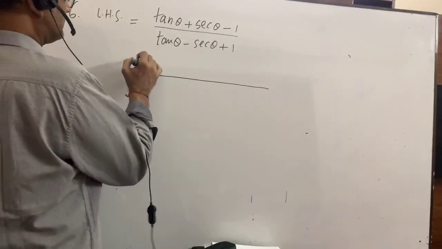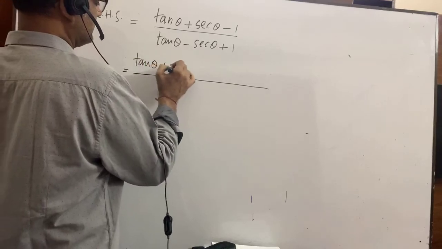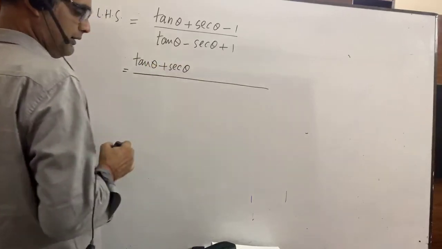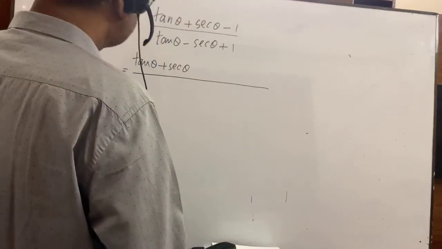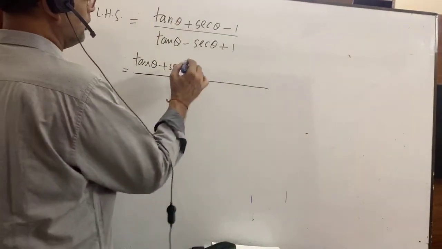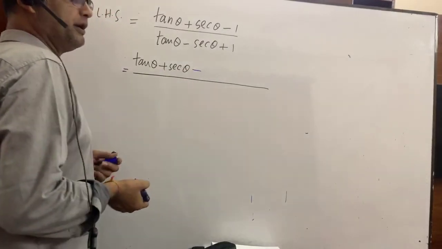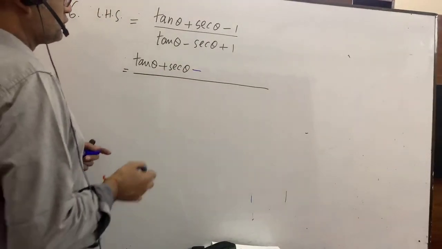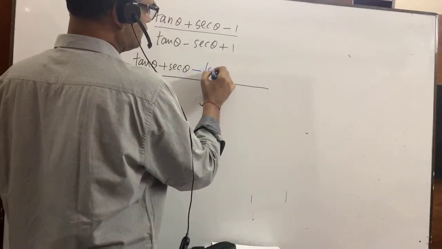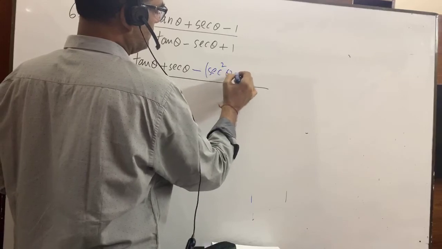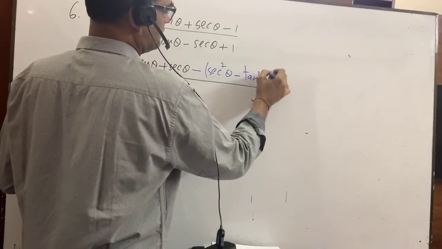Here it is tan theta plus sec theta. Okay, there is a formula, you know. What is 1? By trigonometric identity, regarding sec and tan, 1 can be written as sec square theta minus tan square theta.